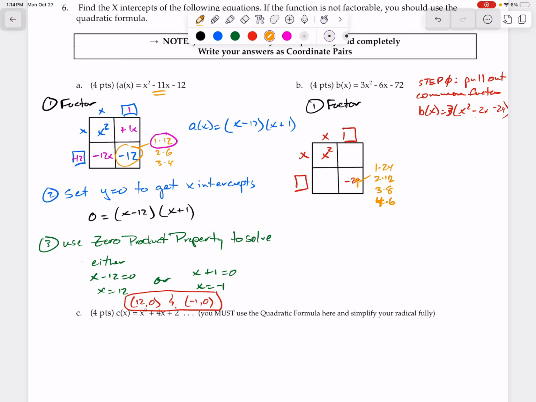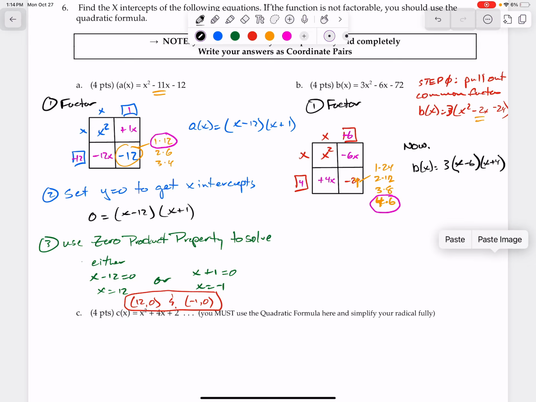Since we have to add together to make negative 2, I'm going to choose these two because they're 2 apart. So I got a 4 and a 6. And since it has to be negative 2, I'm going to make that negative 6. So I get negative 6x, positive 4x. And that lets me rewrite now, b of x equals 3 times x minus 6, x plus 4.